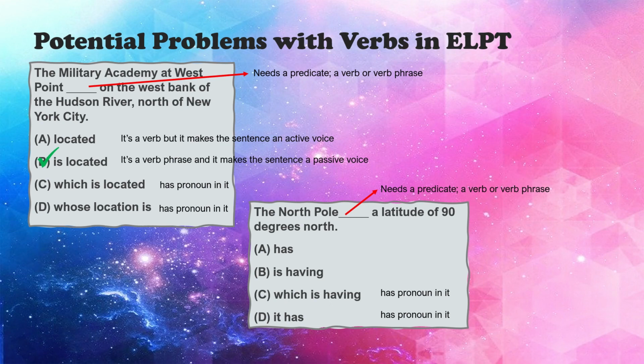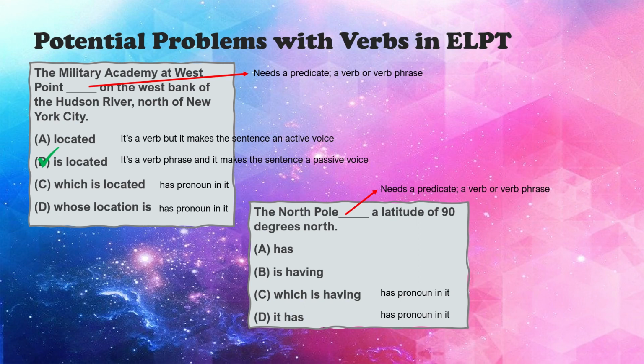Now, which one is the best one? We need to check the tense for this sentence. "The North Pole has a latitude of 19 degrees north" is a fact. Since it is a fact, we need a predicate that forms the simple present tense.